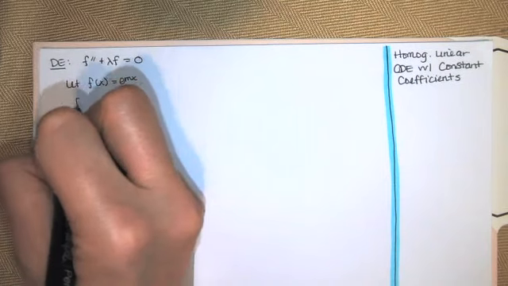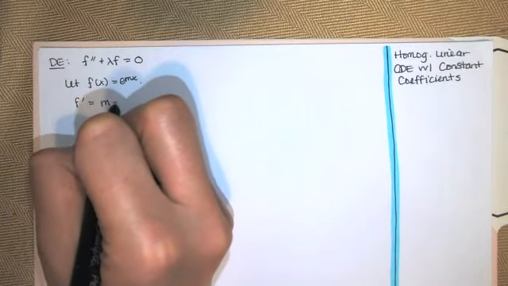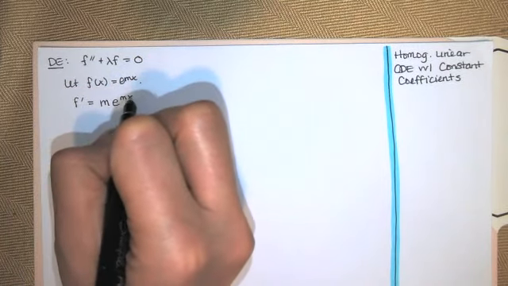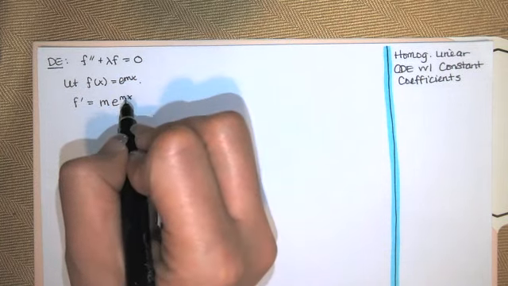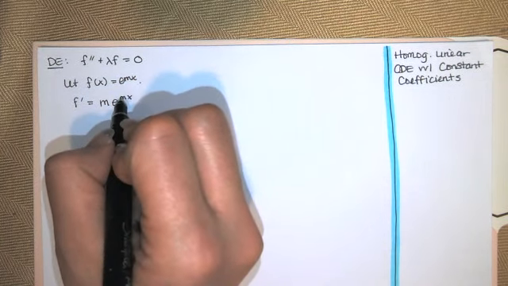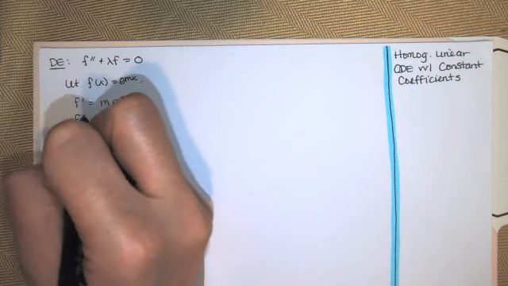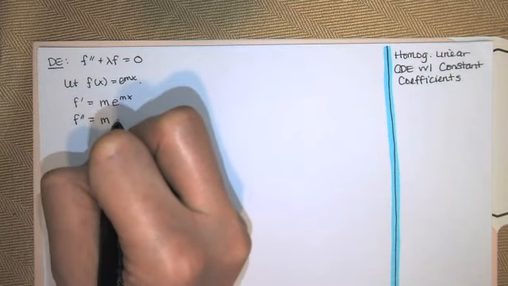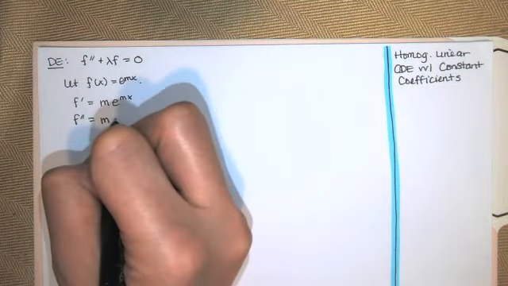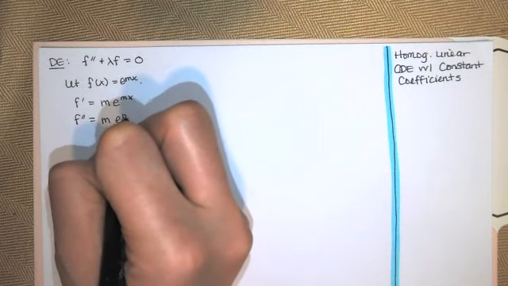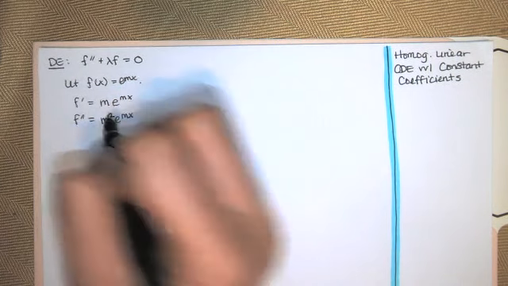In order to find those values, we'll compute the first and second derivative. The derivative of e to the mx is e to the mx times the derivative of the inside. That's a constant times x. The derivative of a constant times x is just our constant. Take the derivative again, bring your constant down, then multiply by the derivative of e to the mx again. The derivative of e to the mx is e to the mx times an extra m.